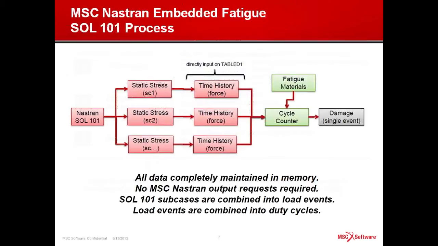What the user does when he runs a Nastran SOL 101, a linear analysis job, is that one can have multiple load cases and obtain the stresses or the strains of those load cases, and combine that with tables that indicate the time history of that particular load. For example, whether it's a sawtooth history or a sinusoidal history.